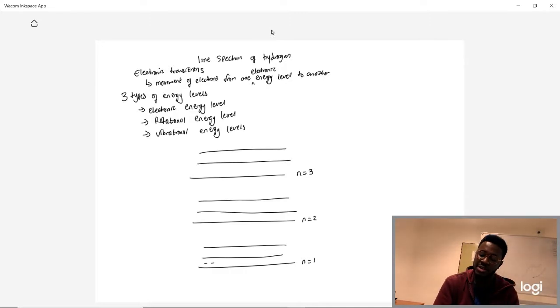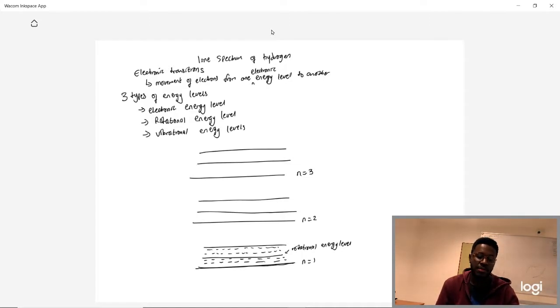I'm going to show you the dotted lines. This is electronic. The big ones here, labeled n equal to 1, n equal to 2, n equal to 3, are the electronic energy levels. You're going to have smaller ones, like rotational energy levels. That's this one here. Then in between the rotational energy levels, you're going to have even smaller ones, like the vibrational energy levels. You understand?